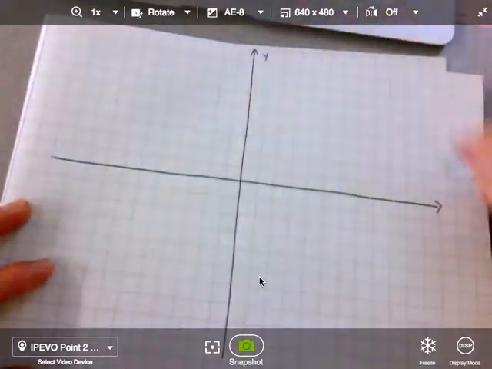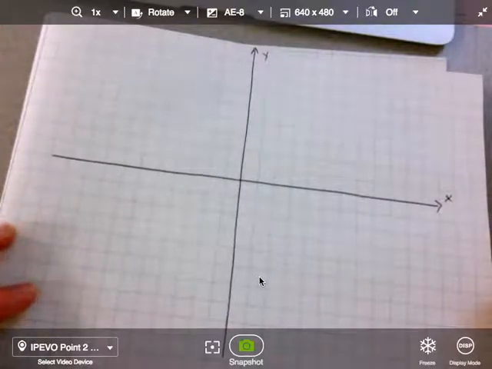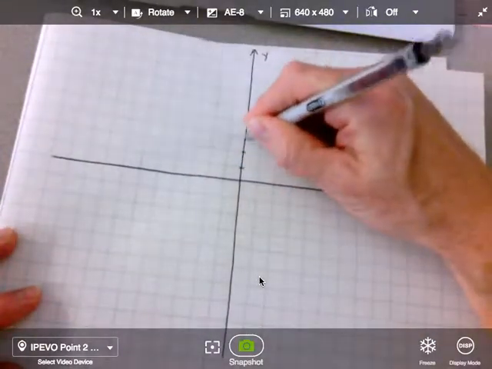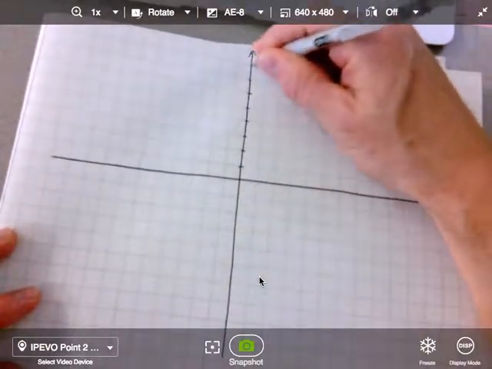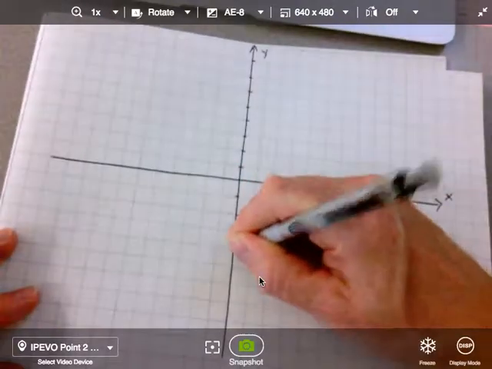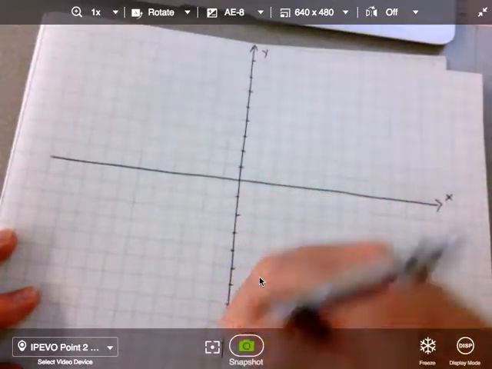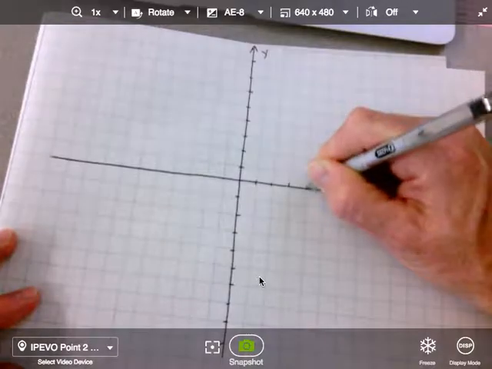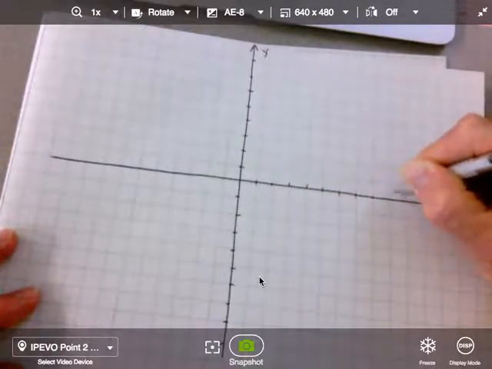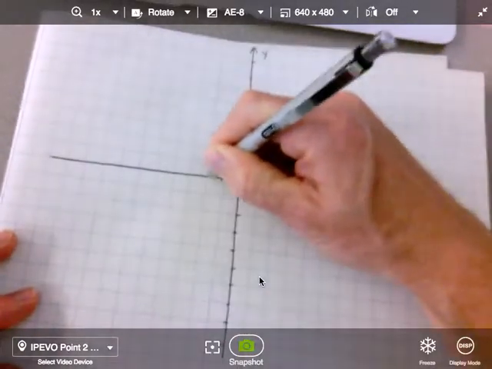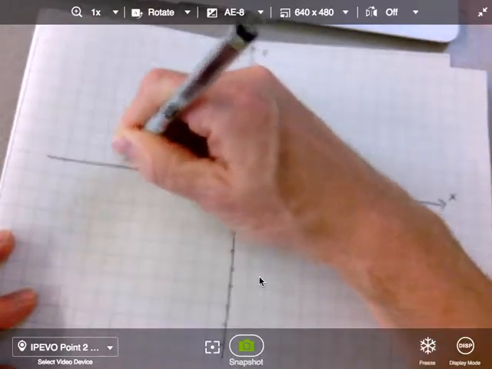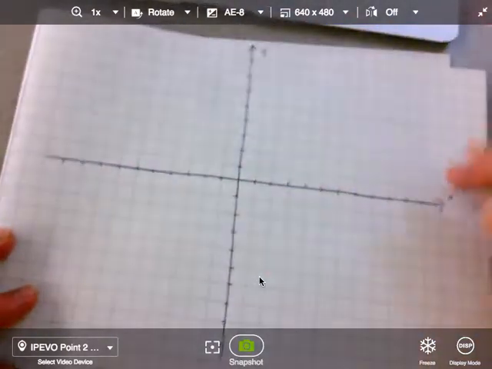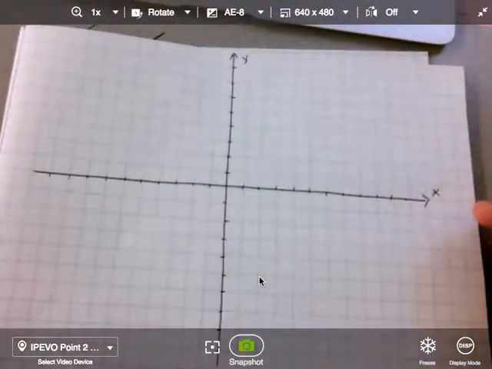Your y-axis and your x-axis. Now you might remember when I was first introducing these lessons that I said the quadrants we were talking about will be most important when we are learning rotations. So we're going to quickly highlight those quadrants again.